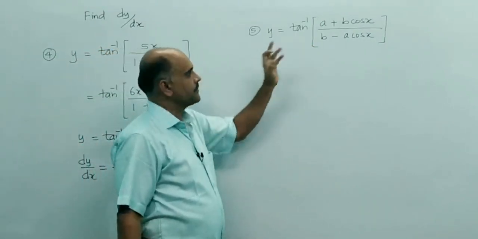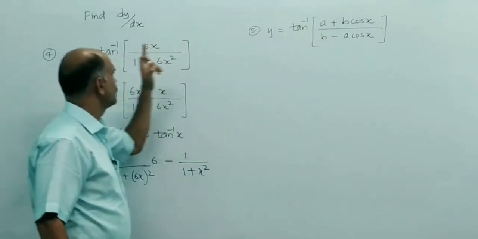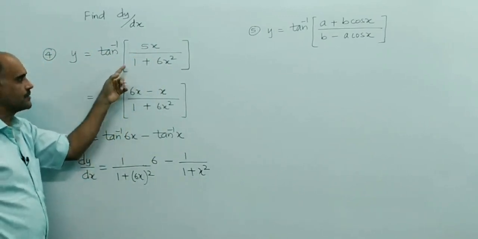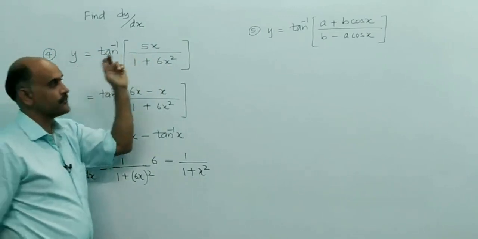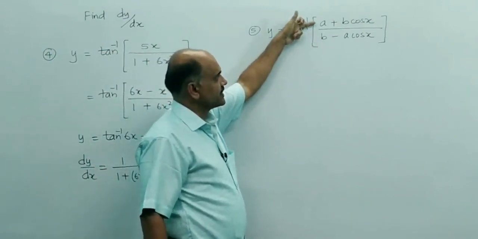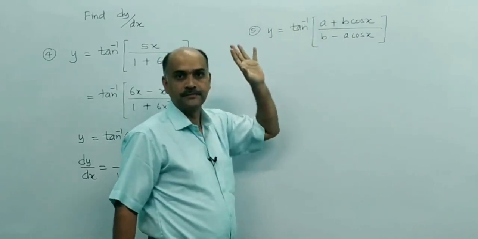Now see here. The first hint I had told is that here I should have 1. Whatever may be the problem, for the formula of tan, here you should have 1. So here instead of 1, b is there. So divide numerator and denominator by b.